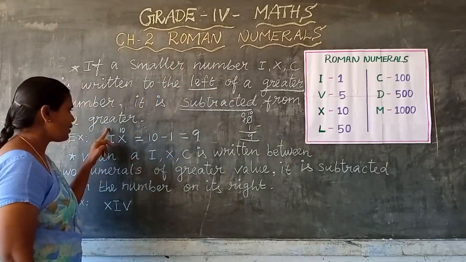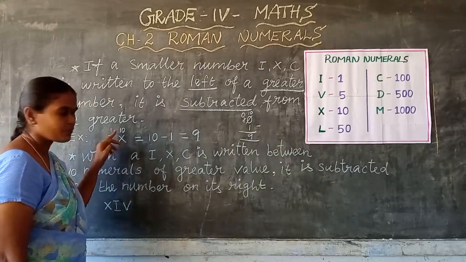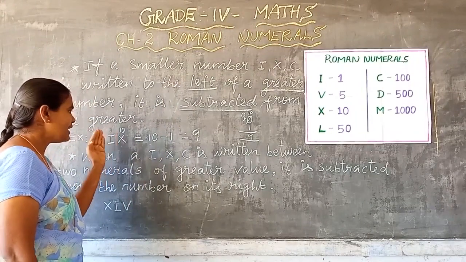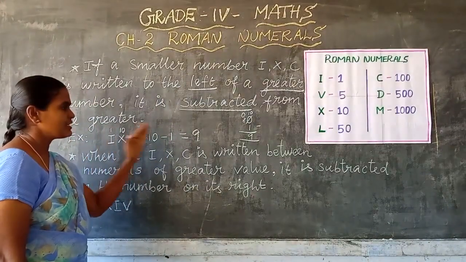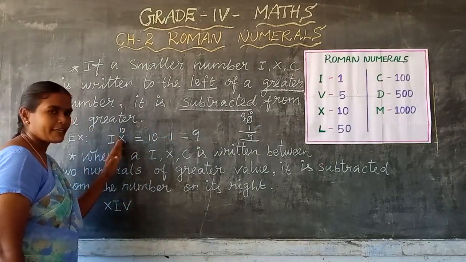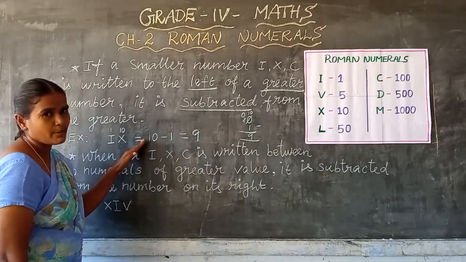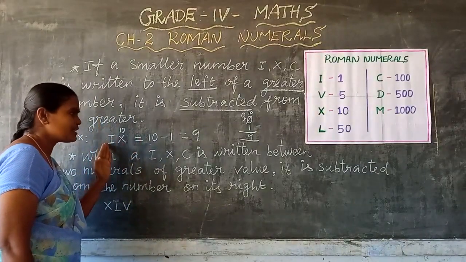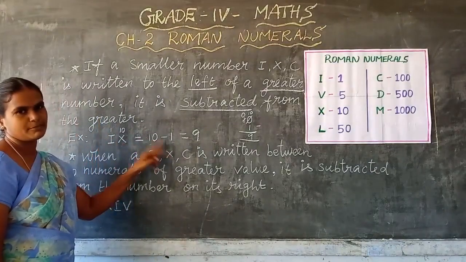In the before rule, greater number, right side small number means addition. This one, greater number, left side small number means subtraction.